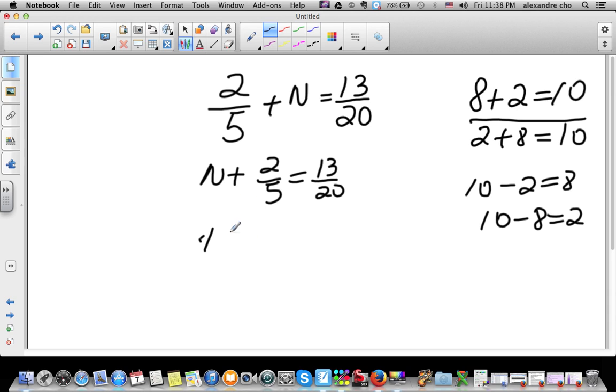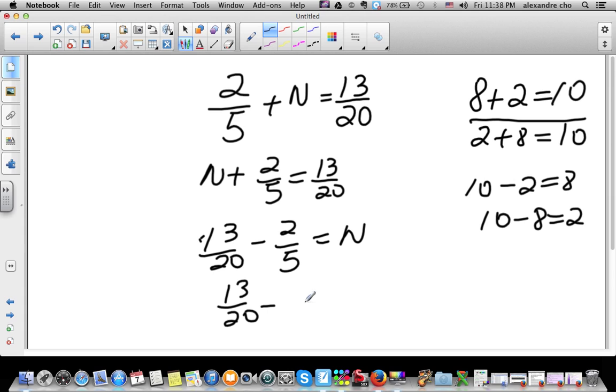So I can also say 13/20 minus 2/5 equals n. Ooh, and this is probably the one we want to use. Or I can say 13/20 minus n equals 2/5. Now, which one do you think is going to help you with finding the value of n?